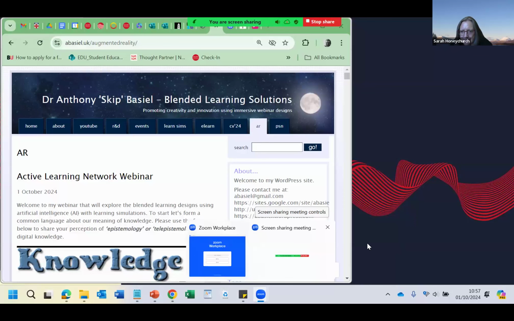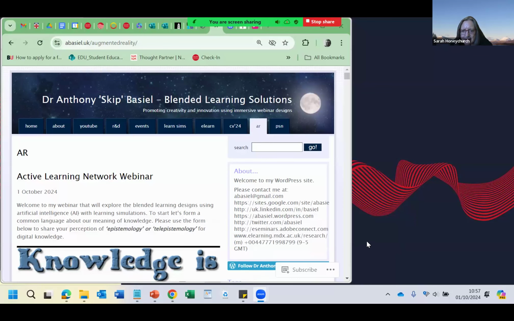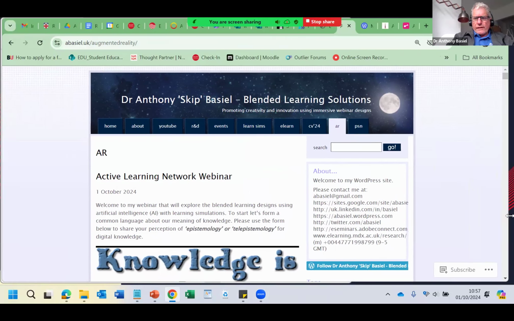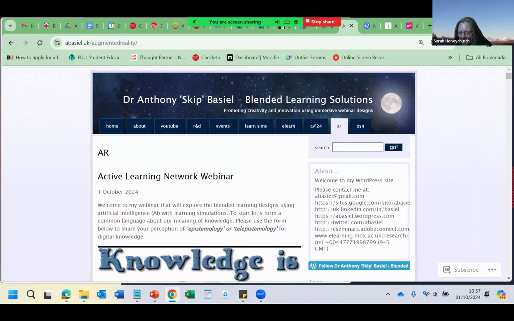Yes, we can see the screen. Okay. But I'm not seeing the text chat. I was hoping that I'd be able to see it as well, in case there were any questions or comments, but never mind, that's okay. I will keep an eye on the text chat, Anthony, and I will flag up to you when there are questions. Okay. No worries. I'm used to Microsoft Teams where I can have both things on at the same time.